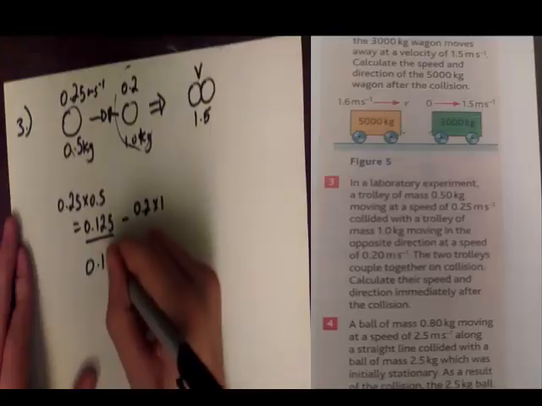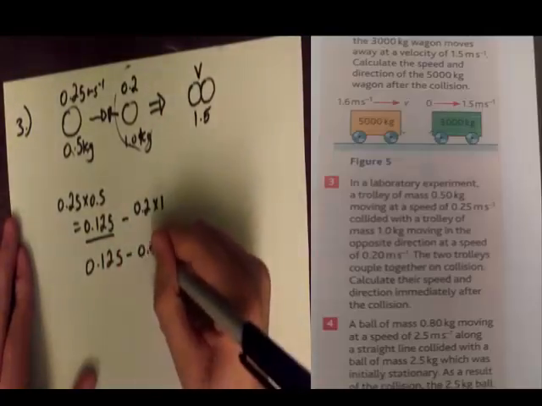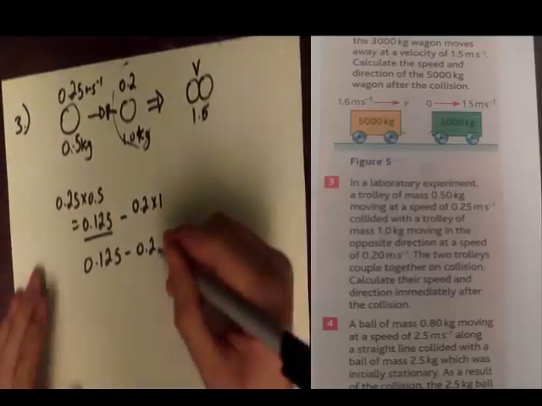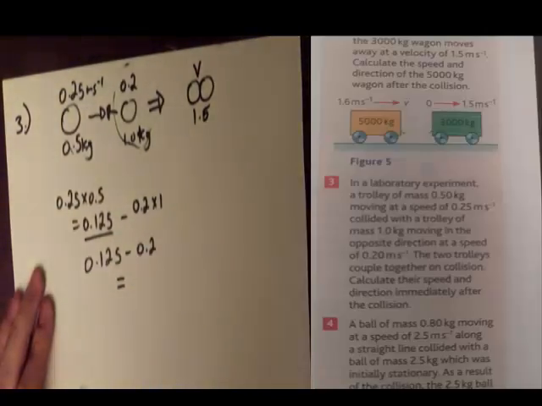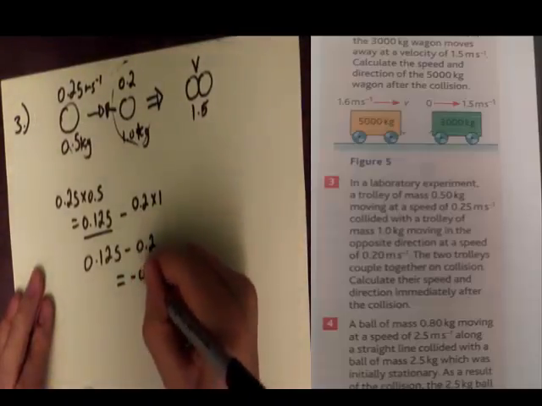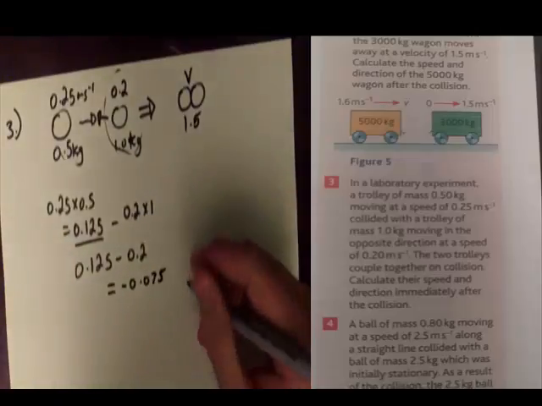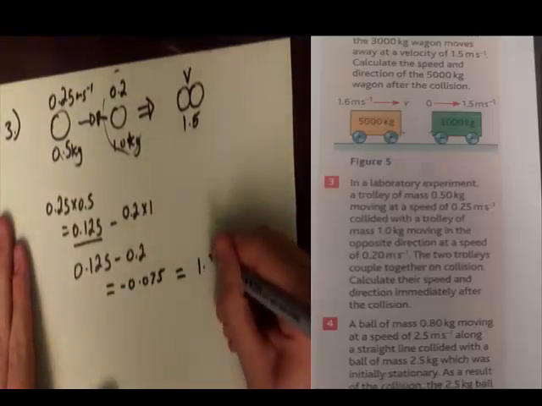So we have 0.125 minus 0.2. Now this gives us a negative number, but this isn't the end of the world. If we do this, we end up with minus 0.075. This number is then equal to 1.5v.